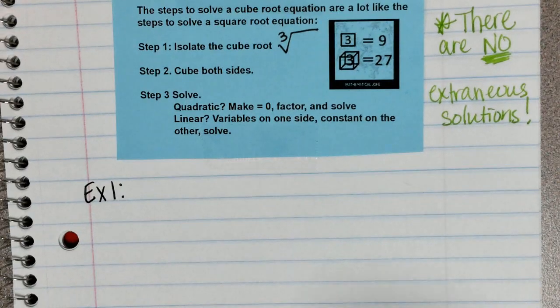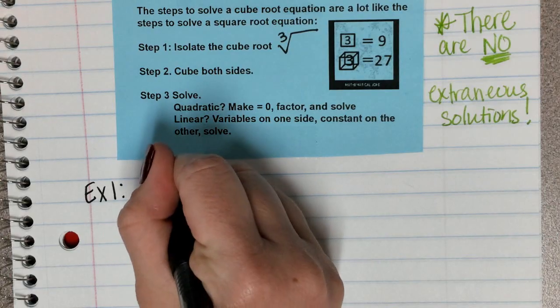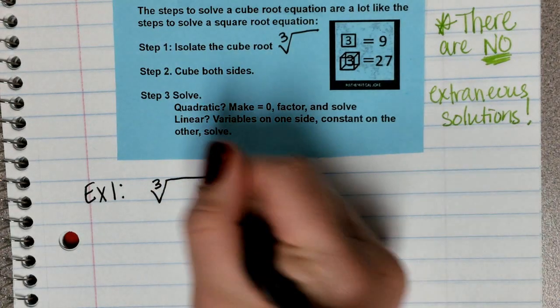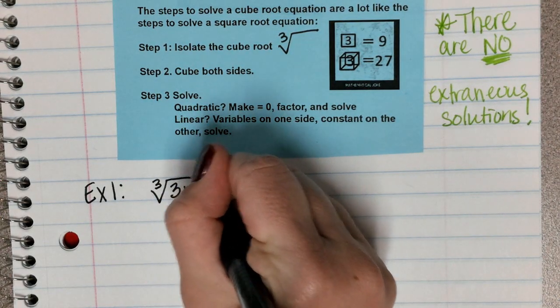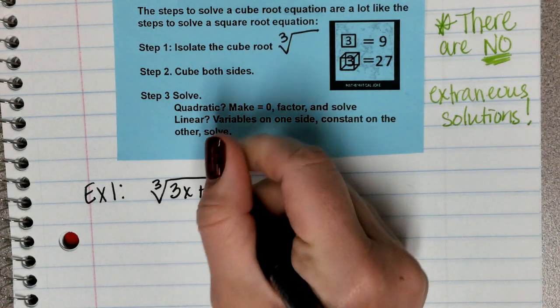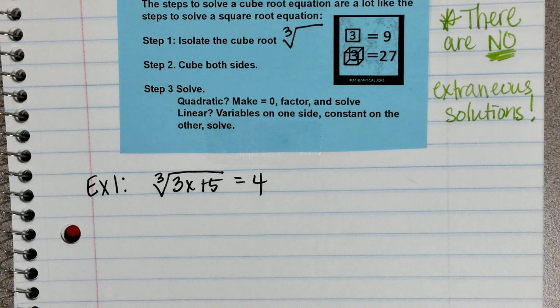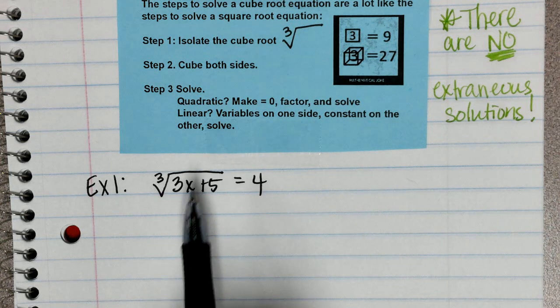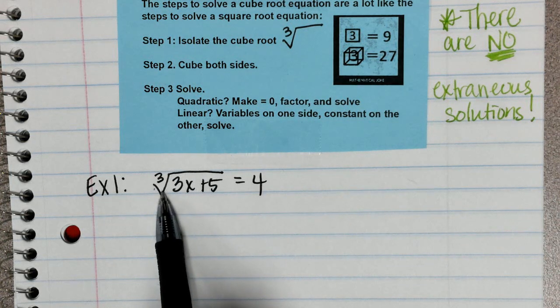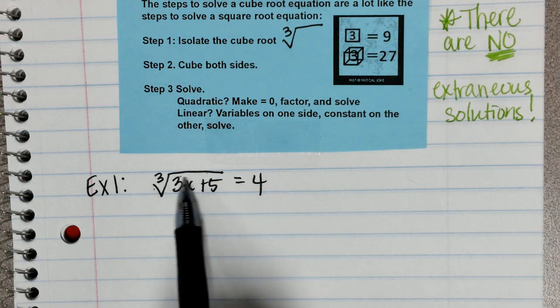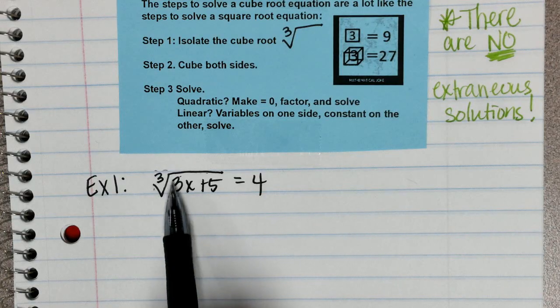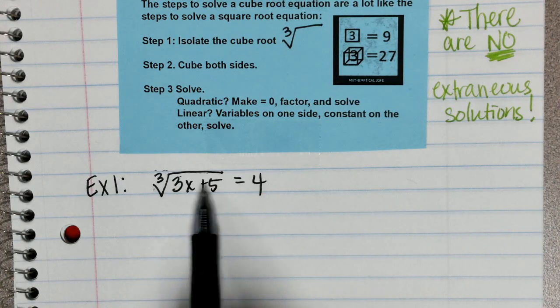Okay, so here's our first example. Let's solve this one. Cube root of 3x plus 5 equals 4. So we have to be really intentional about knowing what's under the cube root. On this one, all of this is under the cube root.